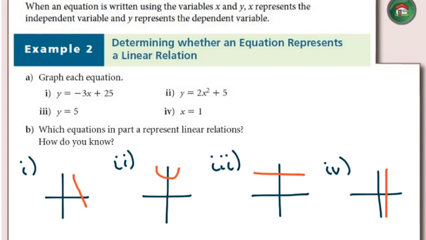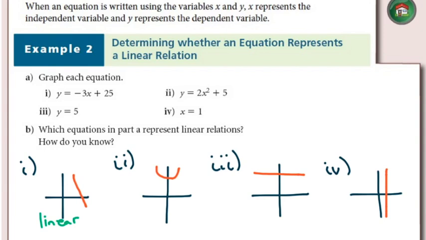We can deal with question B now. Which ones of these represent linear relations? Well, we need to look at the shape of the graph, and do we get a line or not? So 1, that is a straight line, so that is linear. 2 is definitely not a line, it's a curved shape.